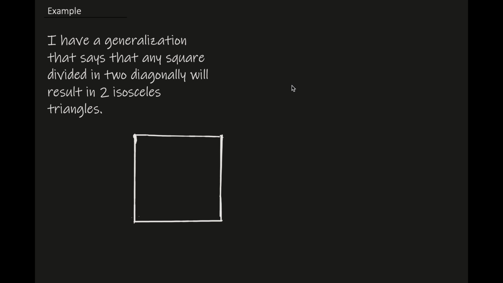An isosceles triangle is a triangle with two sides equal. So this is A, this is A, this is B. Two sides are equal and this one is not. So my theory is that we'll get two isosceles triangles.